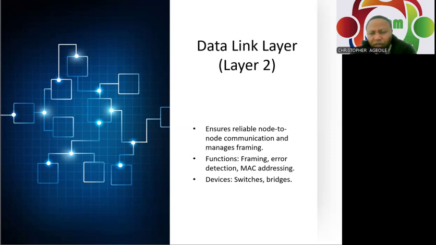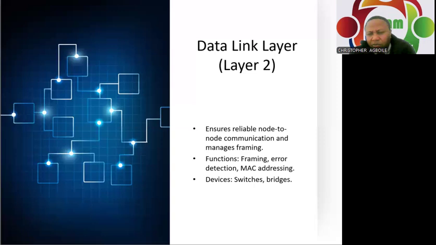The main function of this layer is to provide frames and addressing, talking about MAC addressing for systems, for the destinations. It also helps to detect and to correct errors that occur at the physical layer, which is layer 1.